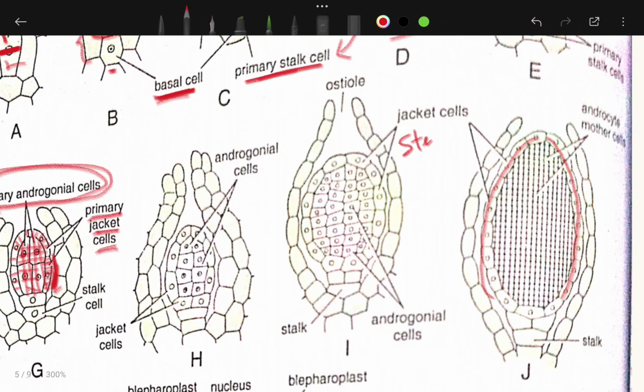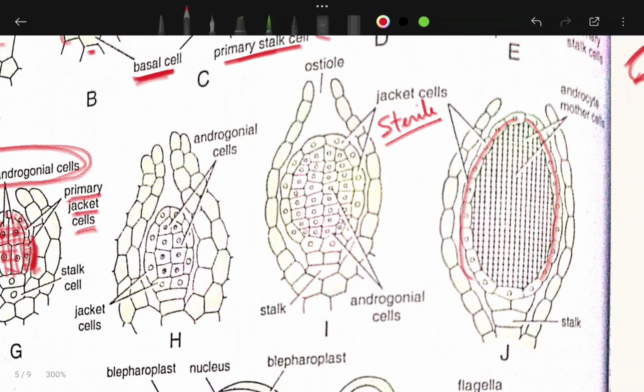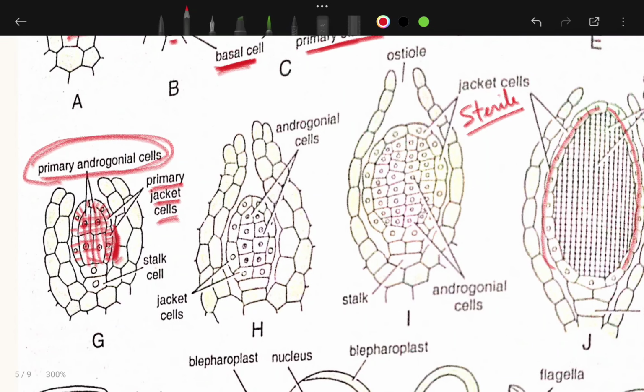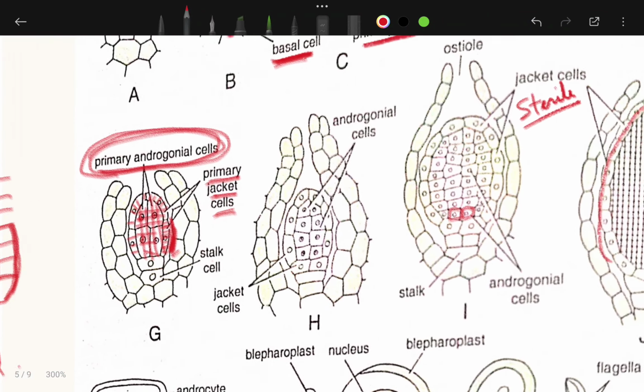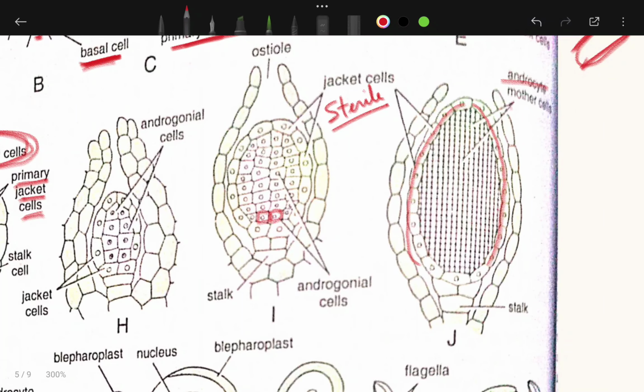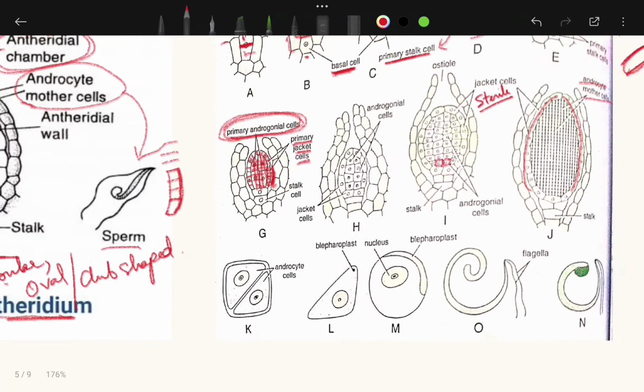Sterile cells, they do not contribute in the production of sperm. And then these cubical cells that you can see here, after the division of the primary antheridium cells, are known as the androcyte mother cells.